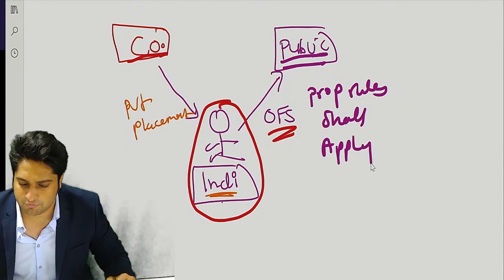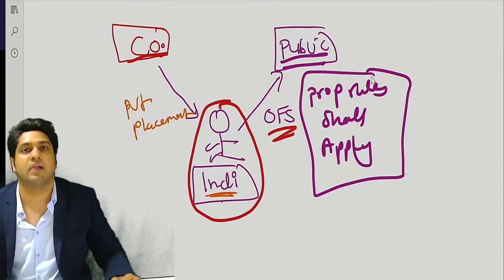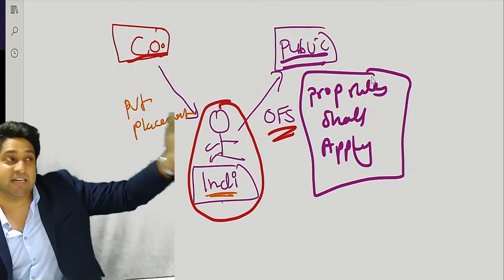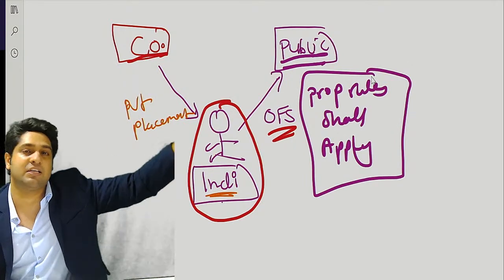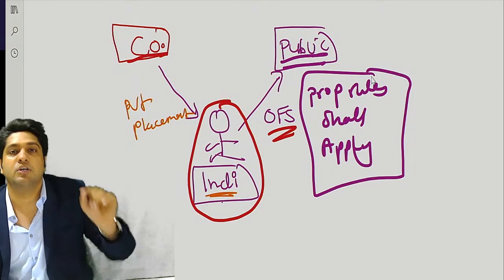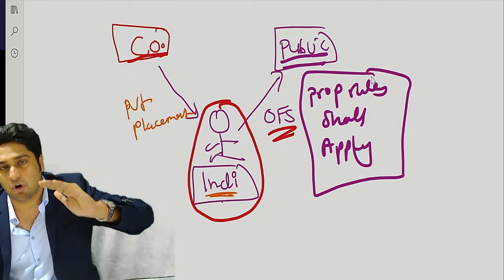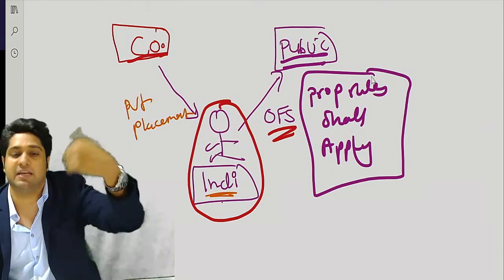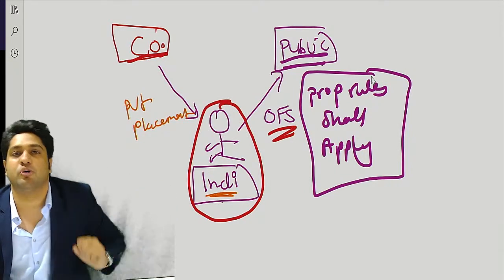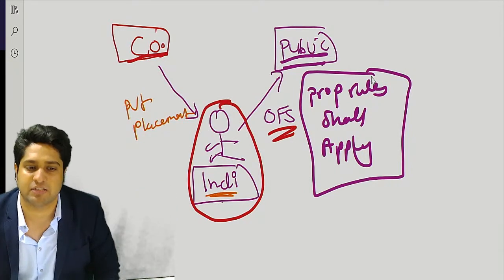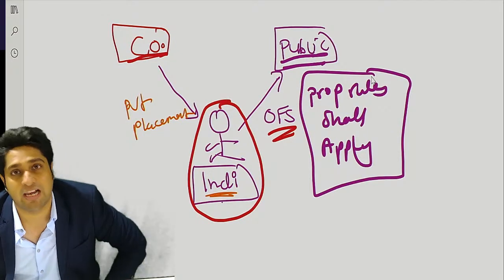Is the concept perfectly clear? Yes or no? So the company makes it to an intermediary and that intermediary makes an offer for sale to public. So whichever document the intermediary is making to the public, that document will be called a prospectus and all the rules of prospectus shall apply.